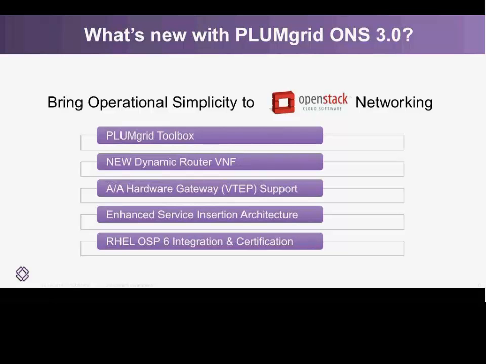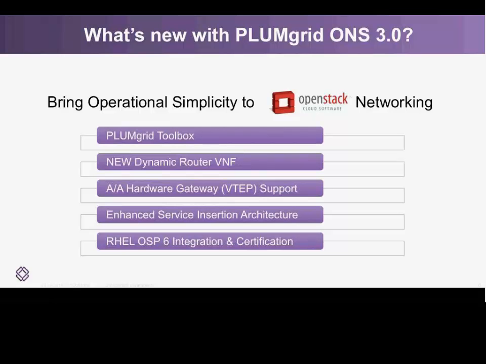The second new feature that will become available with the 3.x release train is a brand new dynamic router distributed virtual network function. As some of you are familiar, we have had for a very long time our static router distributed VNF. We're now introducing this new dynamic router VNF, which is going to greatly improve the operational simplicity of running and deploying virtual domains, now without the need of having to manually configure routes within the virtual domain.